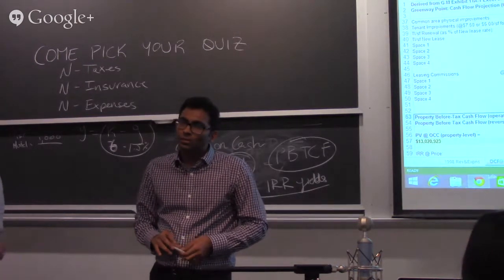What I'm saying is, you have two levels of analysis. You have the property level, which is the one we're analyzing right now, and then you've got the partnership level, which is the one we're going to analyze in the next module. At the property level, you're analyzing the property, or as Javier said, the enterprise. What you're trying to get is, should I buy this property or that property?